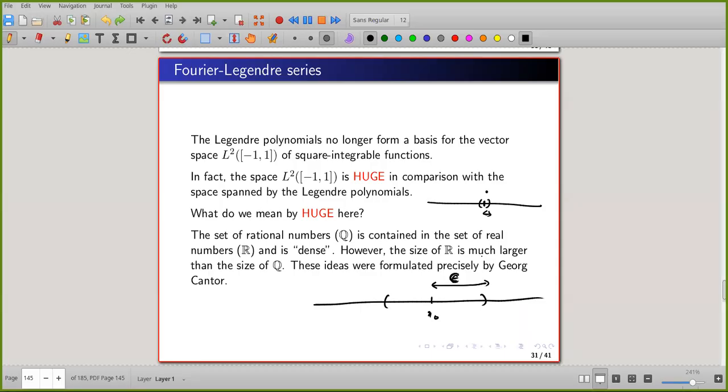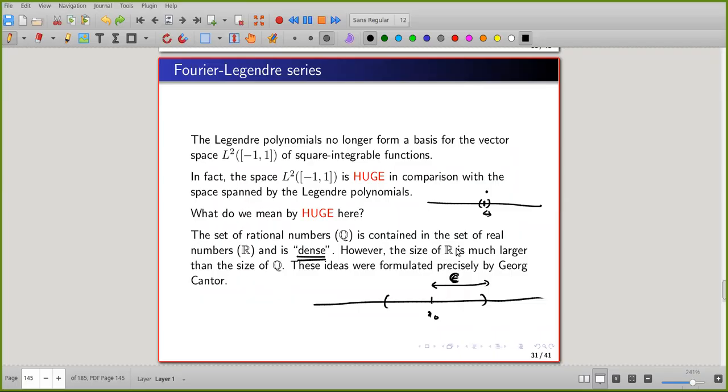To use this word dense, we need a notion of length, because to say dense, I have to say that any small neighborhood of x naught contains a rational number. To make sense of the word small, I need a notion of length, and on the real line we have an obvious notion of length, which is the distance.